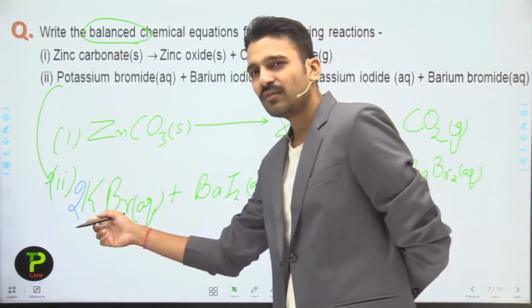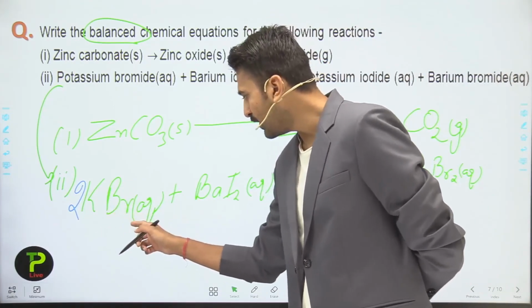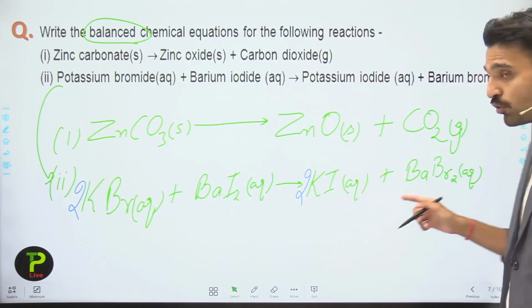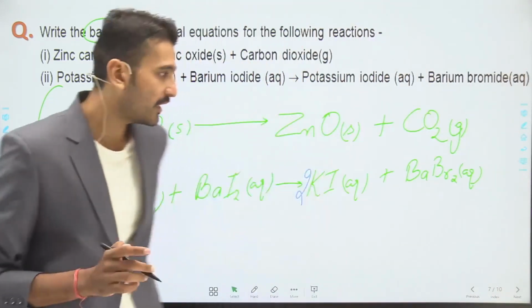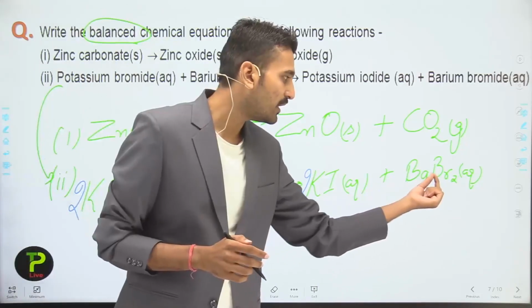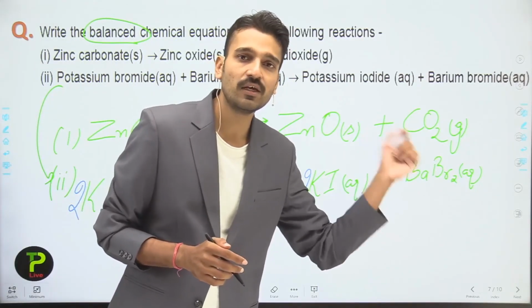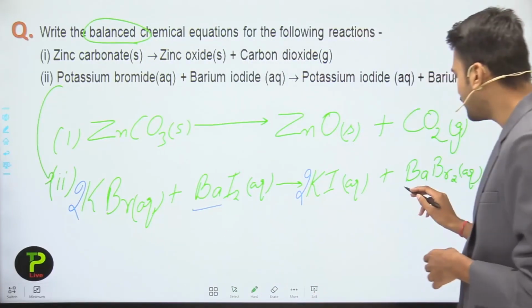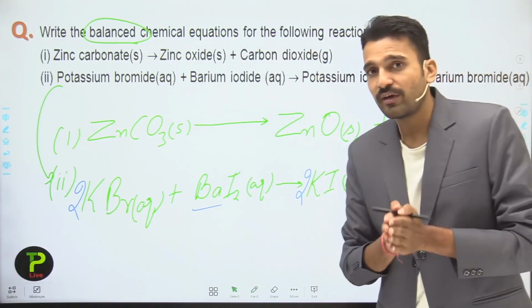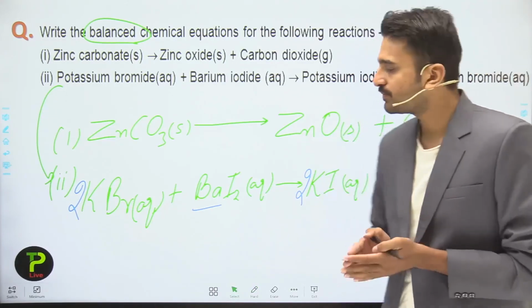On multiplying, potassium becomes balanced, and the bromine is also balanced, as BaBr2 has 2 bromine atoms. Checking barium, it is 1 on both sides. So now this reaction is balanced.